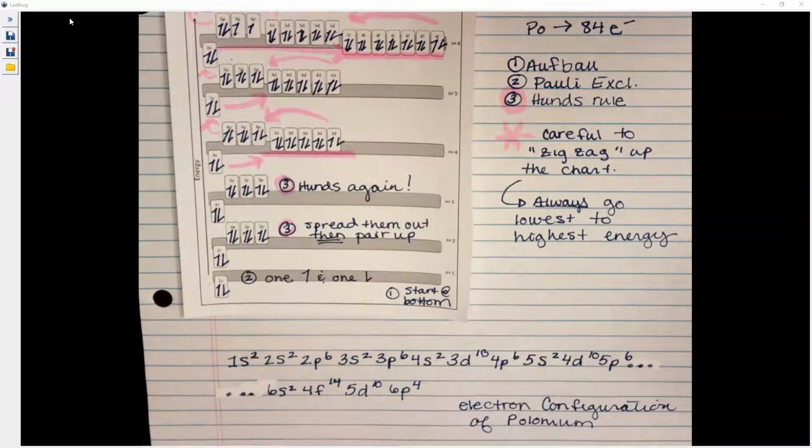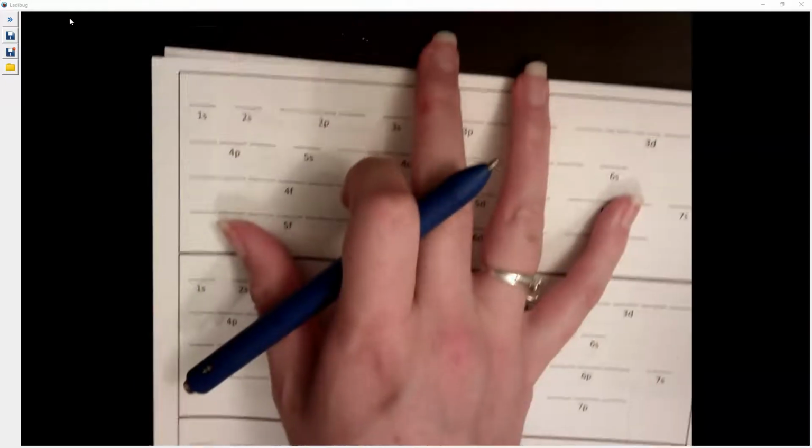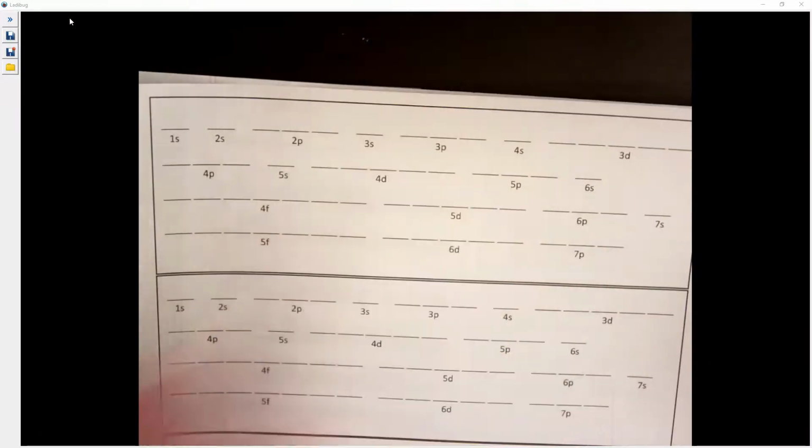Okay, so let's do a couple more practices. Now, one thing you might see is what I like to call a space-filling orbital diagram. Instead of going vertical, which takes up a lot of space, you can draw them horizontal.